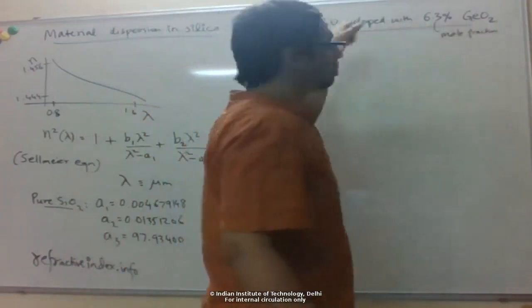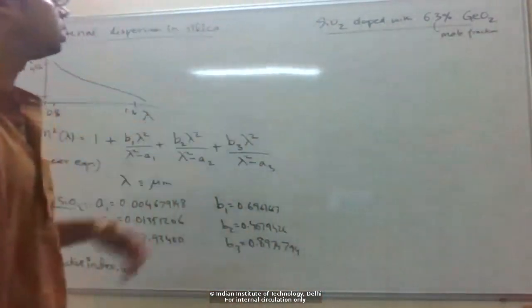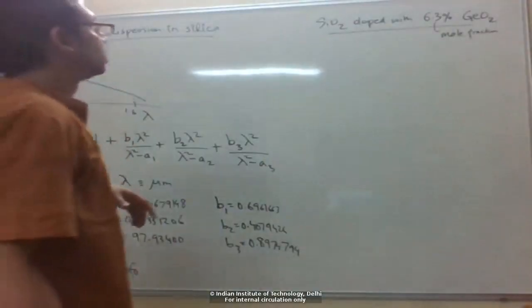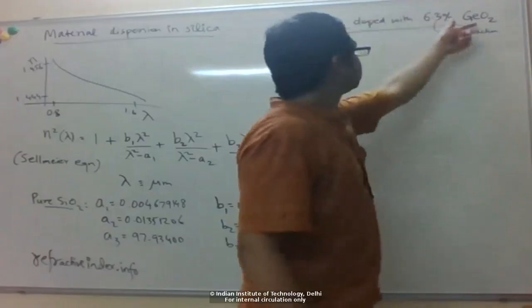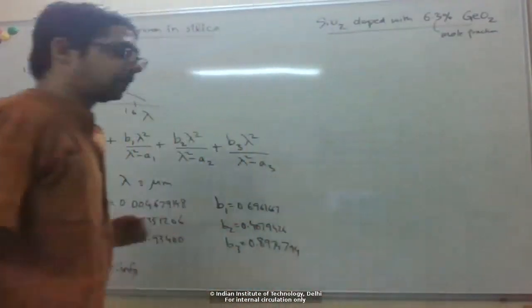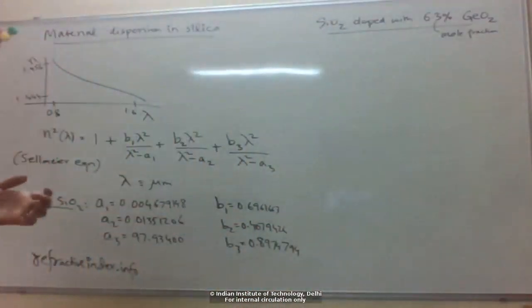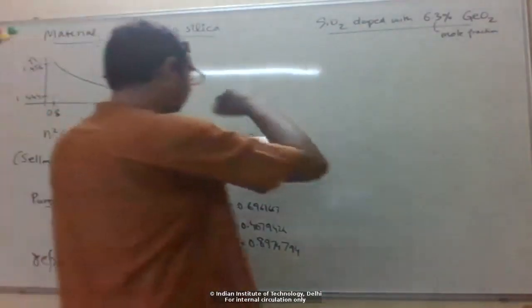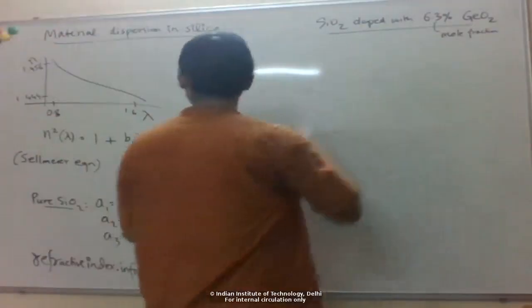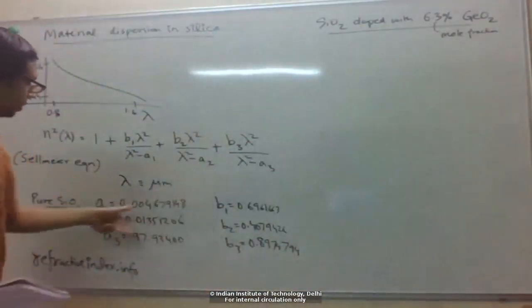You know that germanium is the same group as silicon, just one row down. So one can dope the silica glass with germanium dioxide quite easily. And so if you dope it 6% germanium dioxide, these coefficients change slightly.